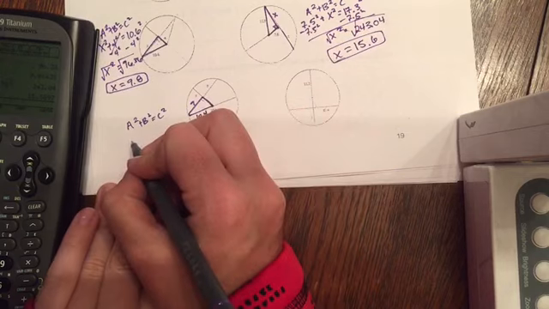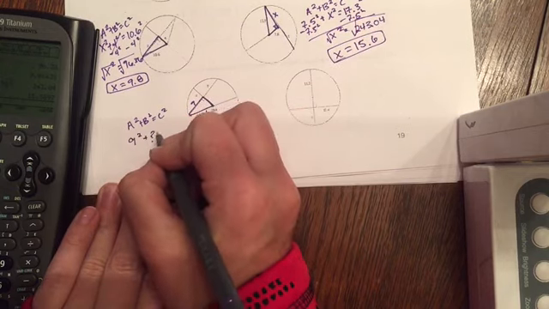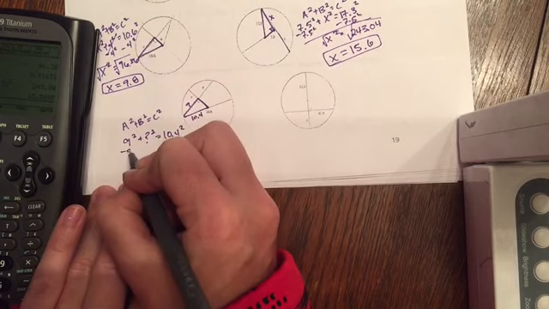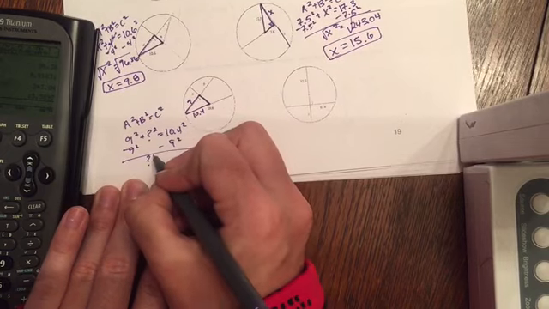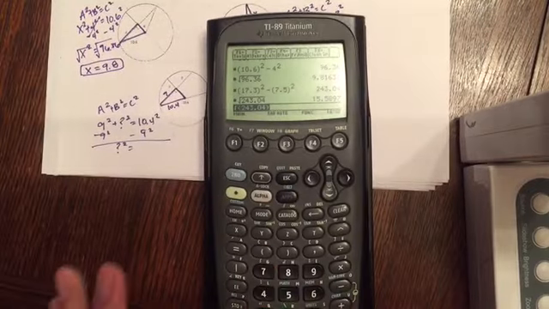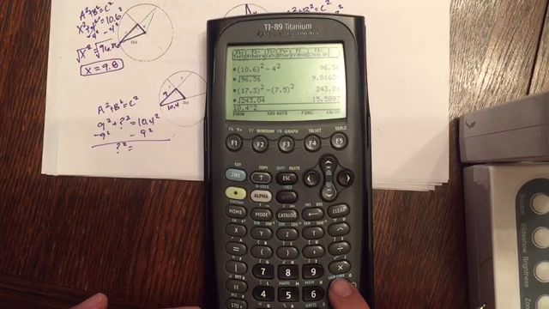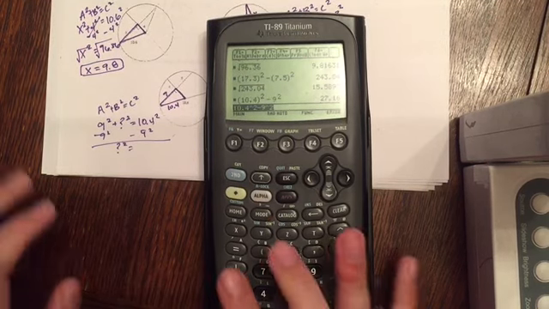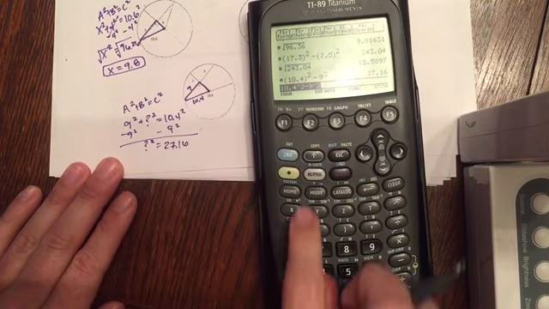I know that I have 9 squared plus something squared equals 10.4 squared. 10.4 squared minus 9 squared is 27.16.